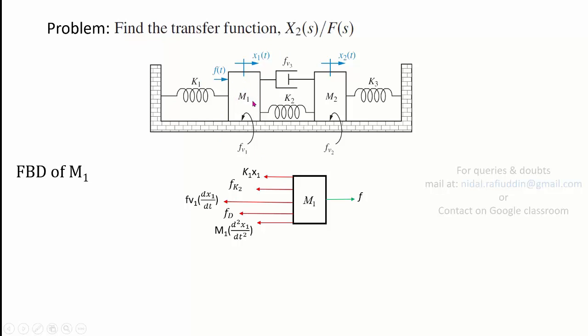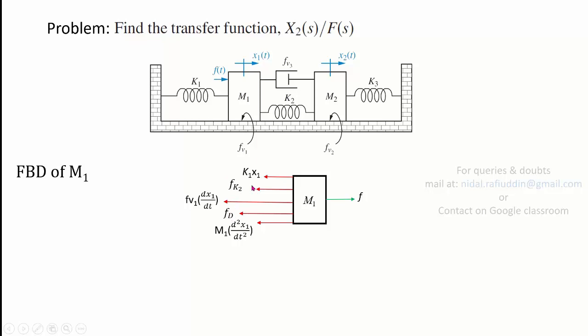So there are 5 resisting forces that will exist after force is applied to this particular mass. And notice that again, in the same way, we are going to take variables. So instead of what we did in finding the transfer function, we are going to assume these two forces as Fk2 and Fd.